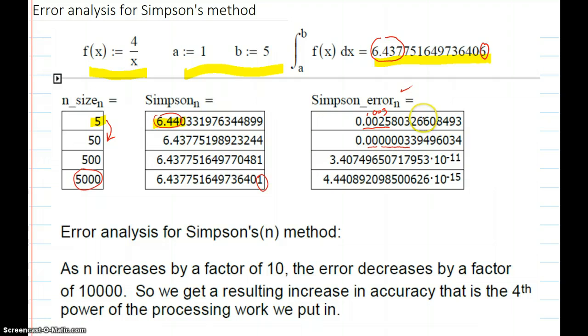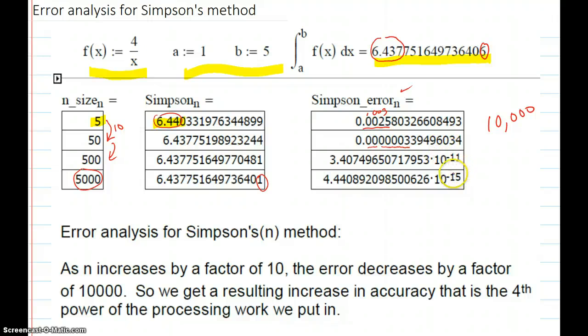So we've divided by 10,000. So the error went down by a factor of 10,000 when we just increased the n by a factor of 10. That's a huge improvement. So then going from 50 to 500, another factor of 10, the error did have 1, 2, 3, 4, 5, 6 zeros before it got to a number.